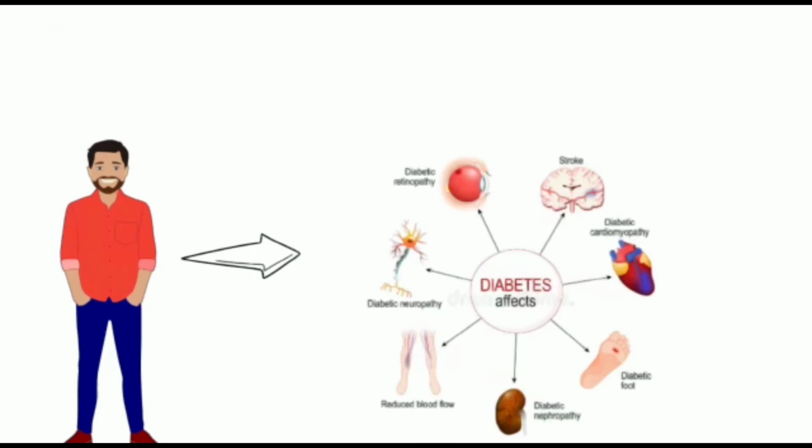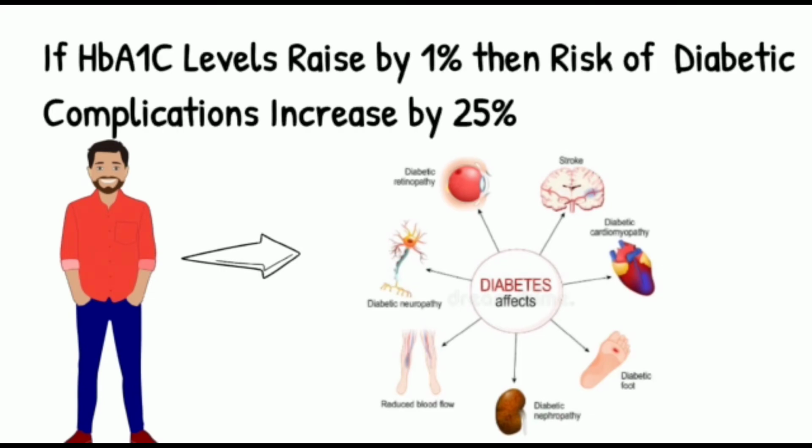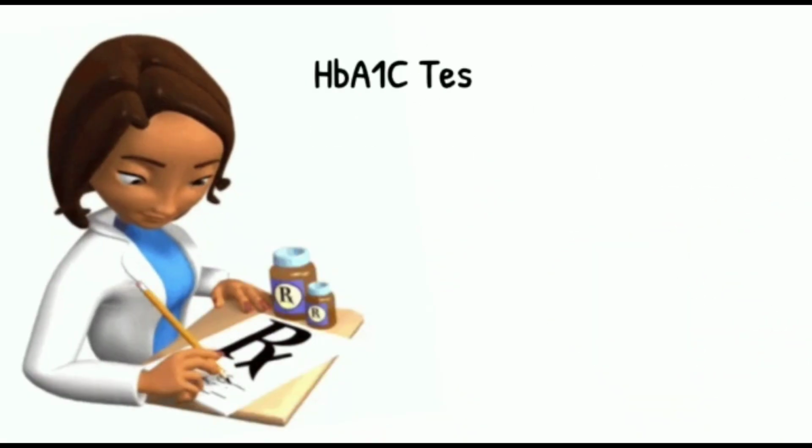The same person, if the HbA1c levels are raised by 1% compared to the previous one, has a higher risk of diabetic complications in the near future. So by the HbA1c levels, we can assess the diabetic complications also.